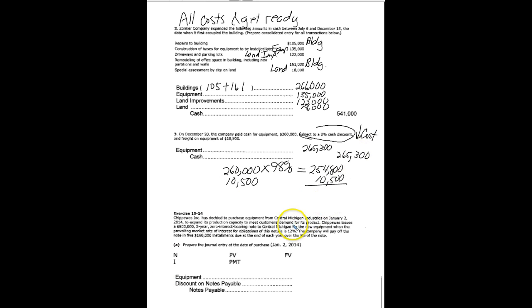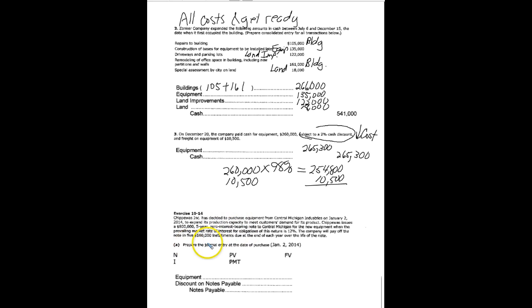Okay, now we want to move on to exercise 14. Here again, we're going to have an exchange, except we're not going to give up stock for equipment. We're actually buying equipment with this note. So let's read through it. Chippewas Inc. has decided to purchase equipment from Central Michigan Industries on January 2, 2014.